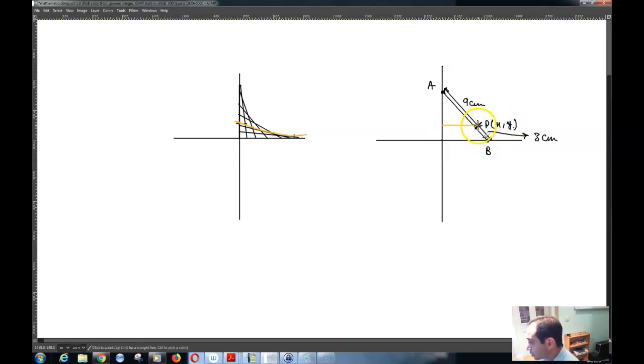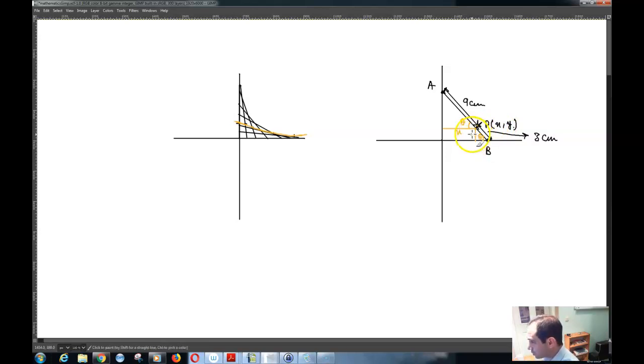So what we can do is draw a perpendicular here and draw a perpendicular here, since the point is over here. And then there is this angle over here, which let's call theta. This length over here would be x, and this length over here would be y.